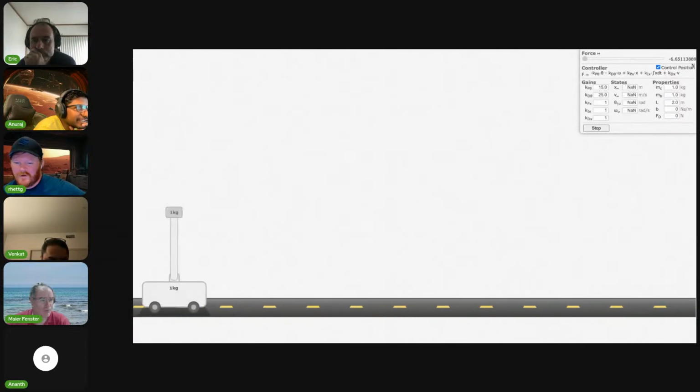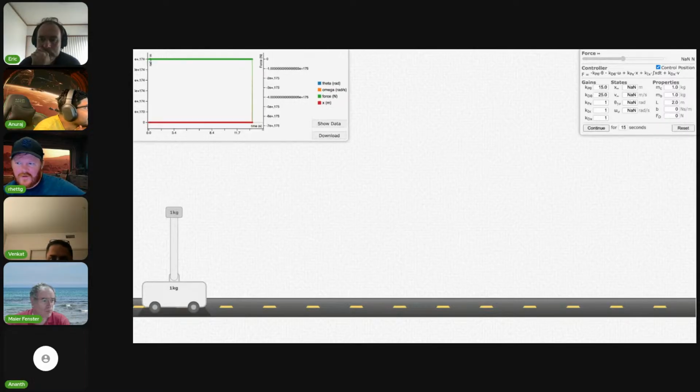Why do you have 5 gains? I have only 3. Check the box that says control position. When the page loads up, I think it's set to do only the angle.